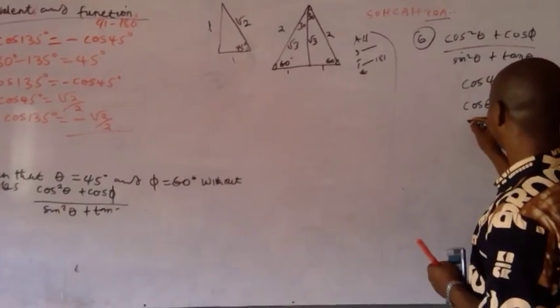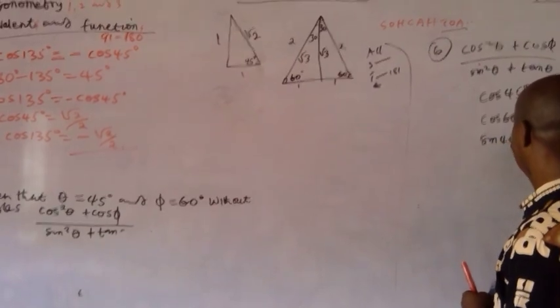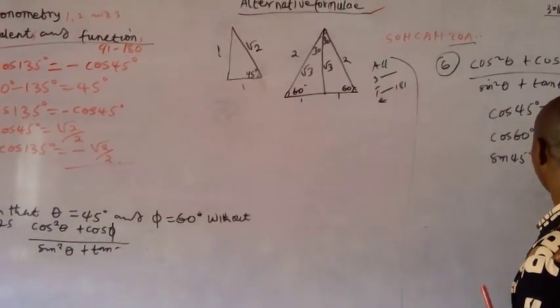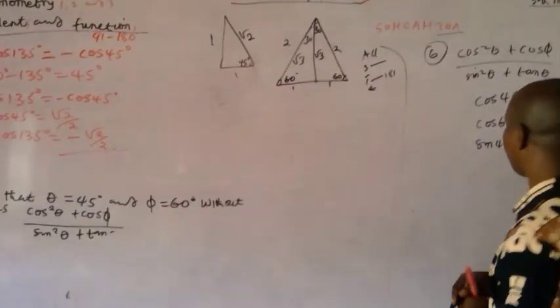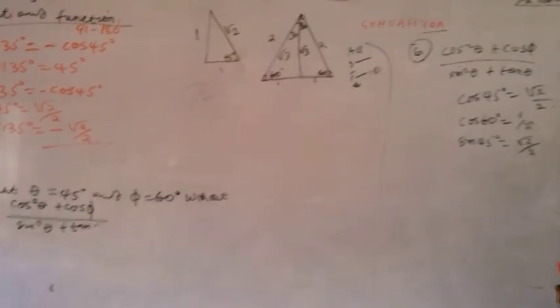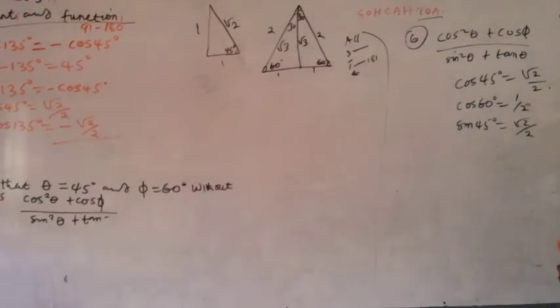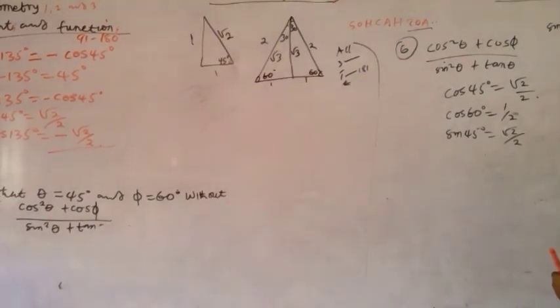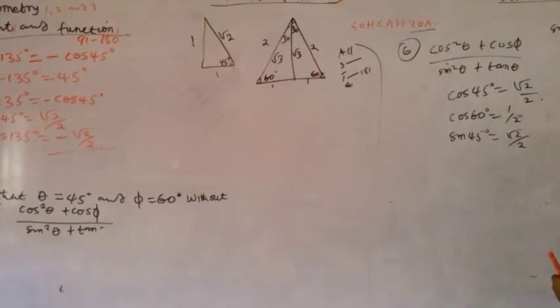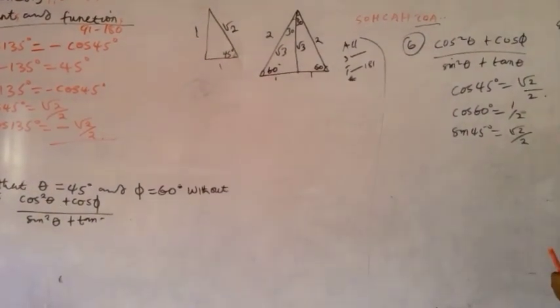So if you come back and say this place is sine 45. Sine 45 degrees is root 2 all over 2. Don't forget that sine 45 degrees is equal to cos 45 degrees. They are the same.